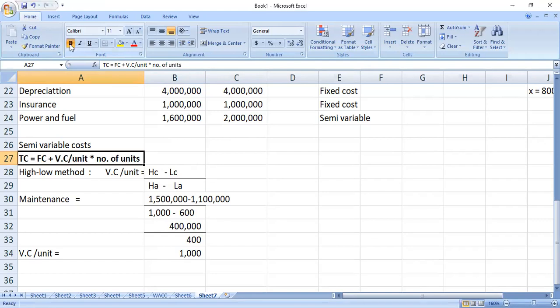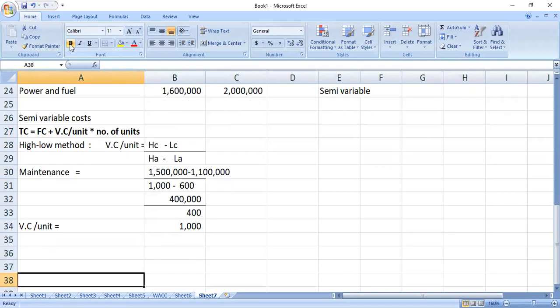So our task is always to get the variable cost per unit, and then the fixed cost. When you have the variable and the fixed cost, the number of units changes. When you're flexing, the number of units always changes so that you get the total cost.